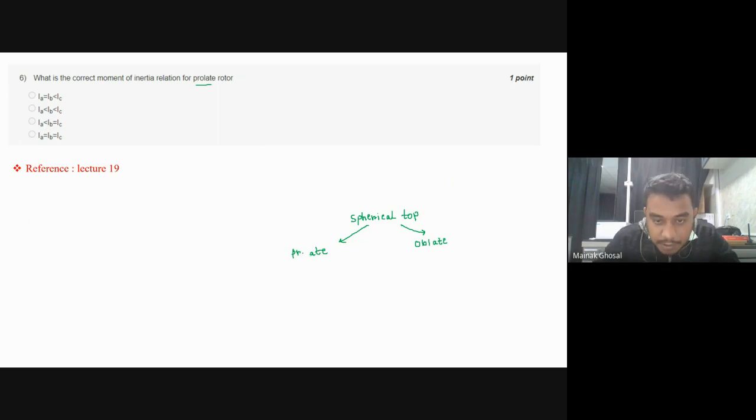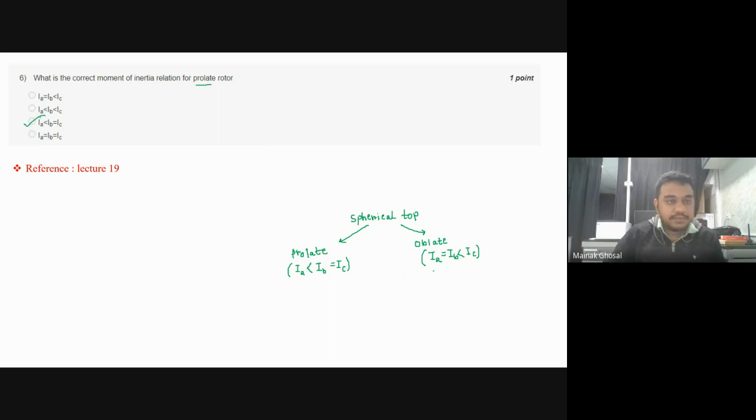For the case of a prolate molecule, the relation is IA less than IB equal to IC. Here we have given it correctly. For a spherical top molecule, the relation is IA equals IB equals IC. So for the sake of this question, you've already got this answer. For a prolate molecule, this is the condition.